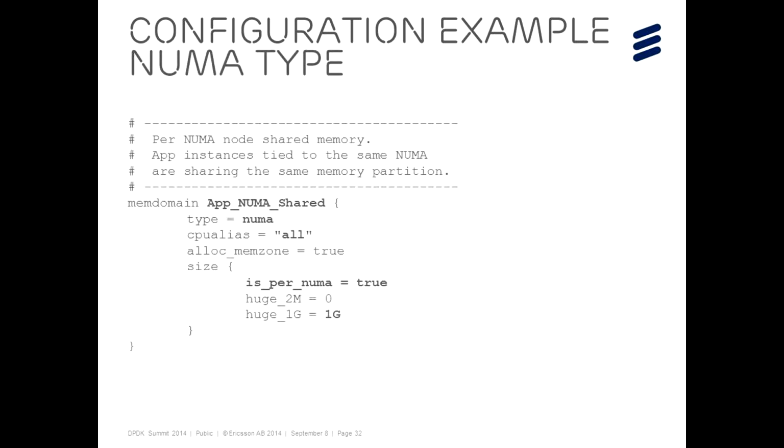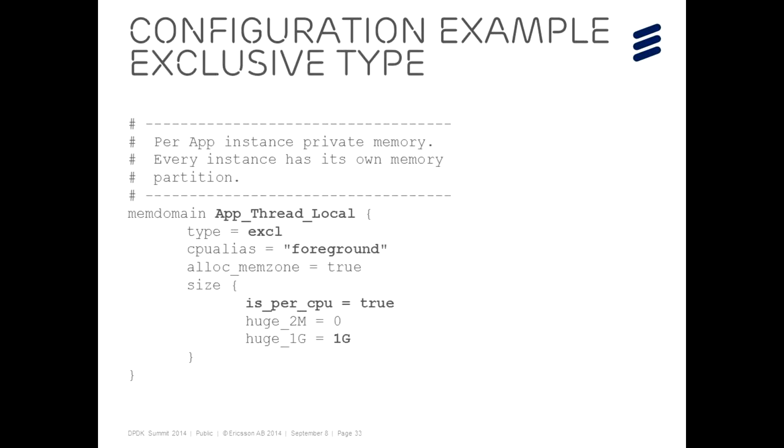This is our memory configuration. Actually, this is not the packet domain. In this case, it tells us the NUMA type, where it wants to run, and whether we should allocate a memzone for this. So this is a kind of abstraction.